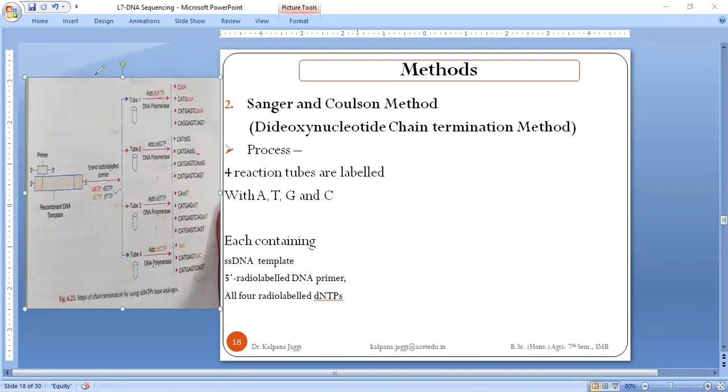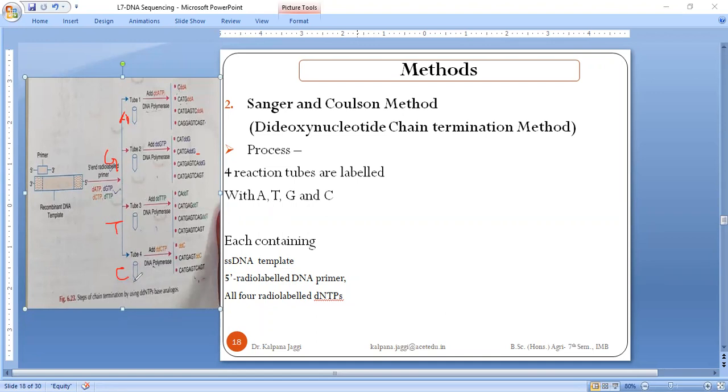In one tube, there will be the presence of only adenine, A. Here it is G, only G. Then the next one is T. And after this T, we have C. So these are the four test tubes.